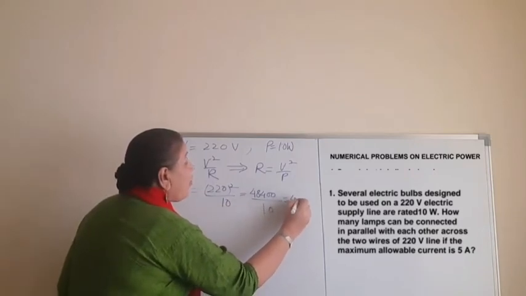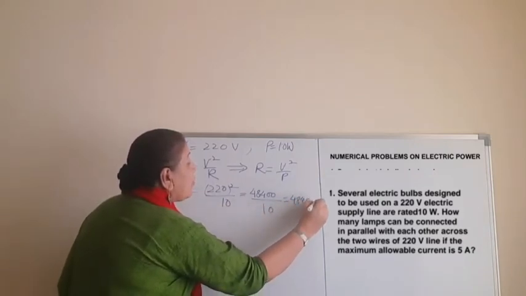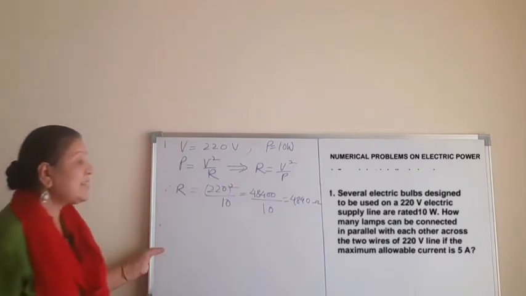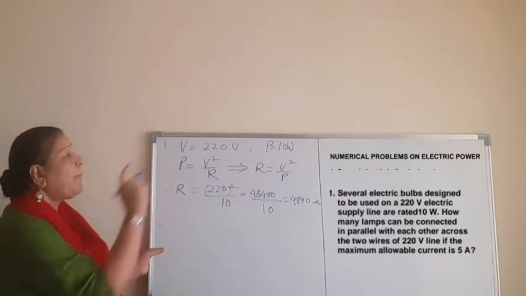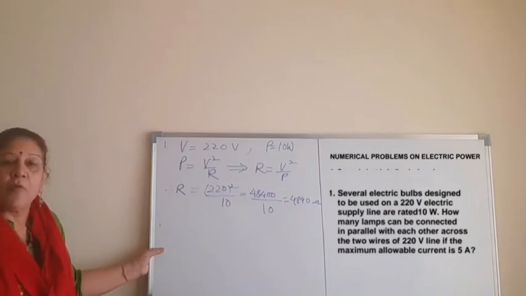So we have 4840 ohm as the resistance for each of the bulbs. So each of the bulbs has the resistance as 4840 ohms, where the power of each bulb is 10 watt.